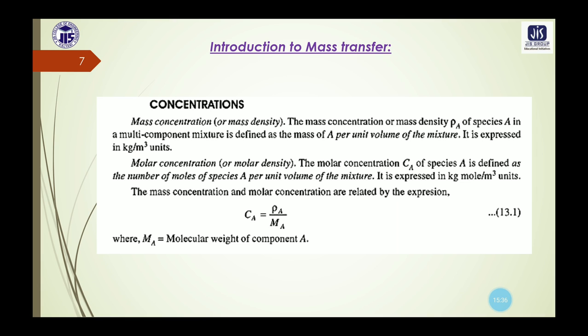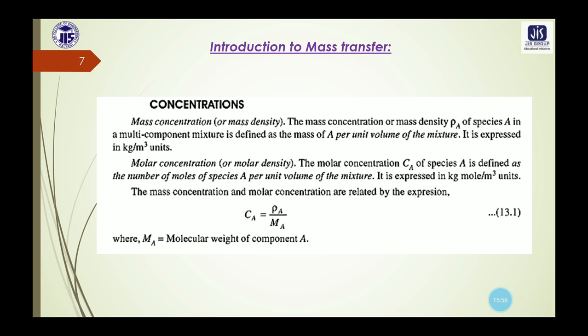Next, the molar concentration or molar density, with the notation Ca for the species A. It is defined as the number of moles of species A per unit volume of the mixture. The unit is kg mole per meter cube.